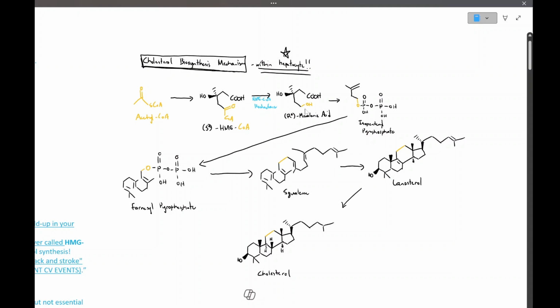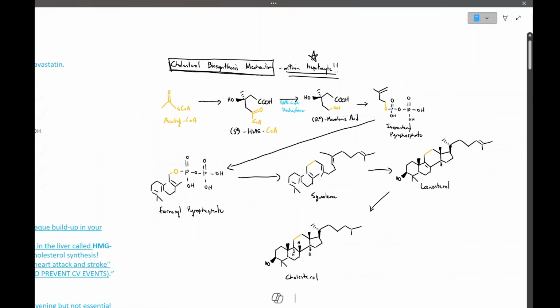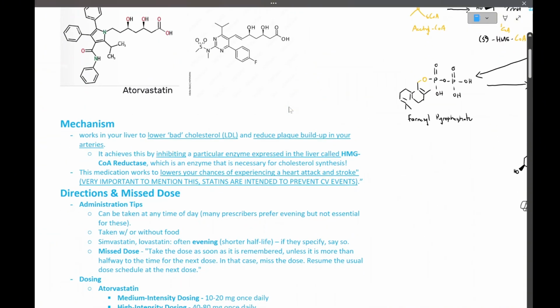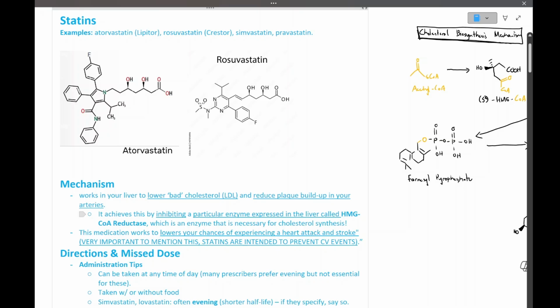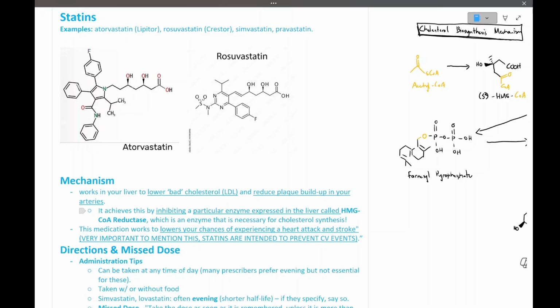This goes through another series of steps which eventually yield cholesterol. So the idea is to prevent the synthesis of cholesterol by inhibiting this particular enzyme. By inhibiting it, less cholesterol is synthesized, thus lowering the patient's chances of experiencing a heart attack or stroke caused by atherosclerosis or plaque buildup in the arteries.